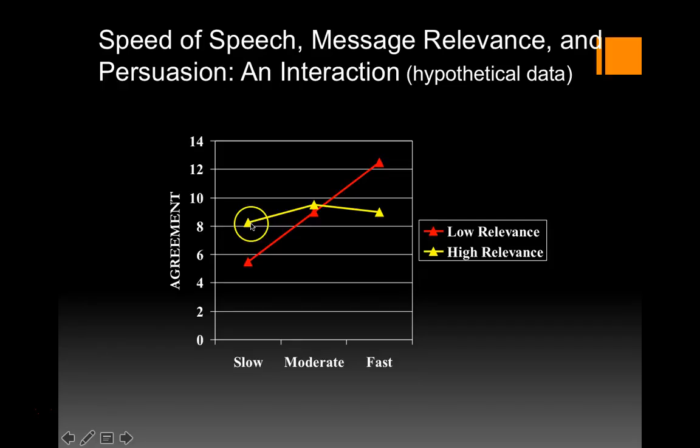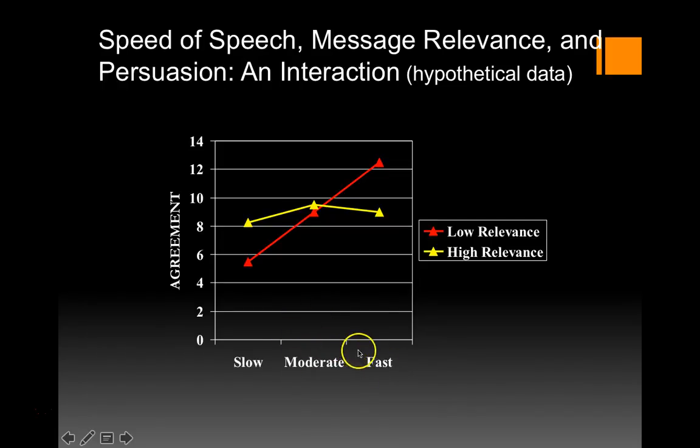In this case, we're going to have 6 conditions. Participants are either going to hear the message slowly presented, 120 words per minute, moderately presented, our new level of speech rate, 150 words per minute, or the fast speech that we had in the first experiment, 180 words per minute.